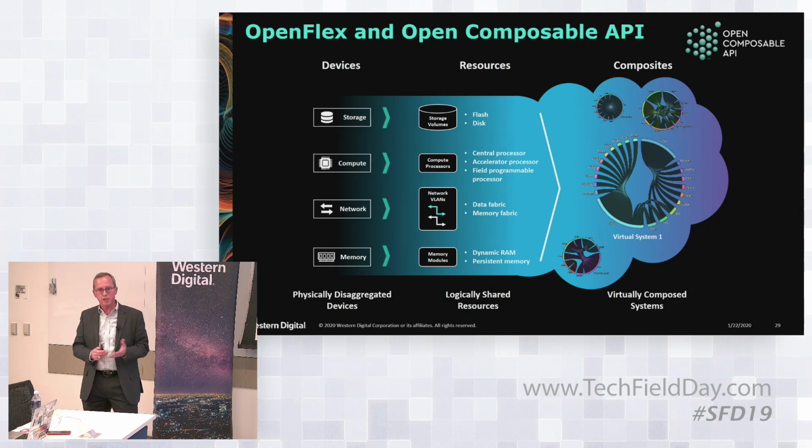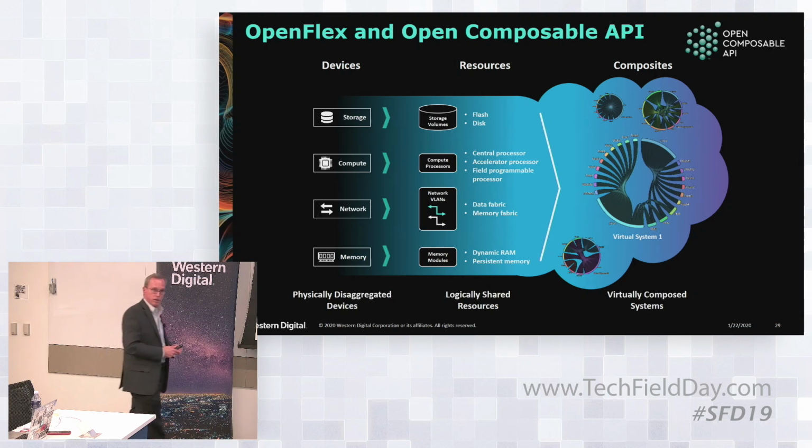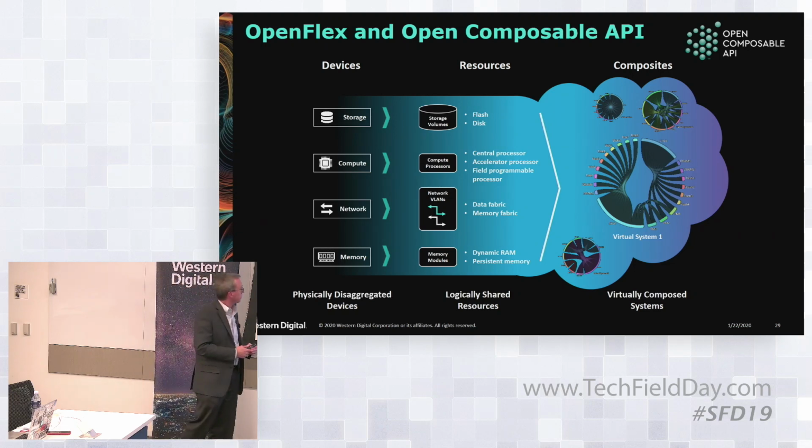So effectively, disk was presented as NVMe namespaces when we did that proof of concept. It just so happens to have a different SLA and different characteristics in terms of price, performance, capacity, et cetera. But the beauty is you just manage it in a very similar fashion over the fabric.